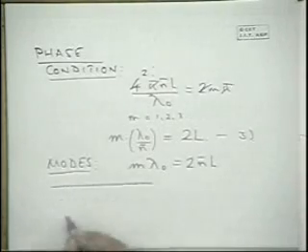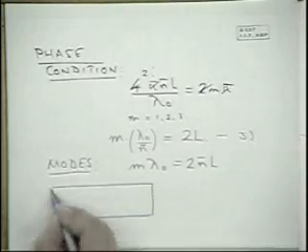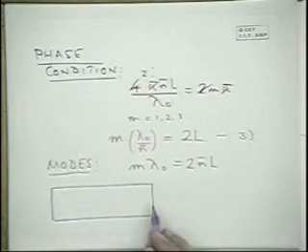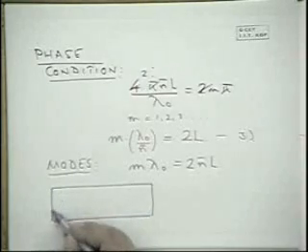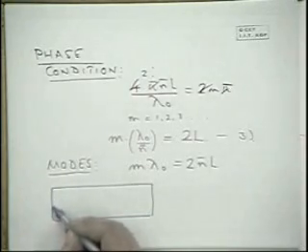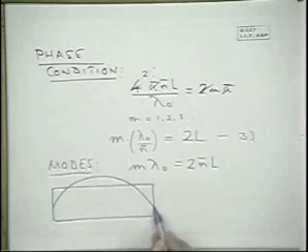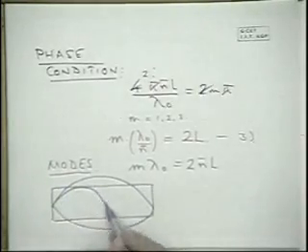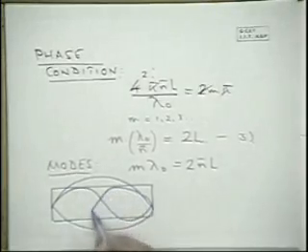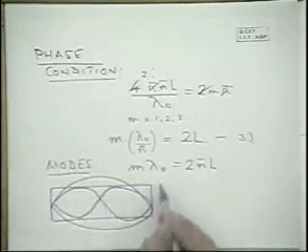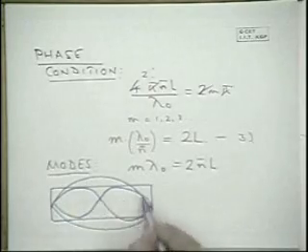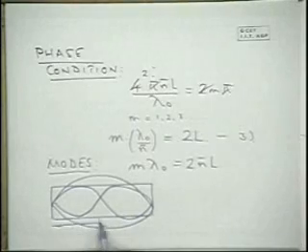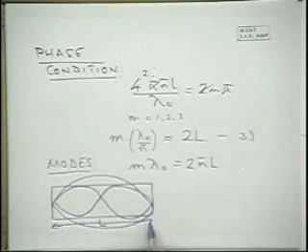So if we have, here's the cavity, okay, we can have one mode in which the field goes like this. We can have another mode going like that. This is the electric field distribution within the cavity to give you the phase condition.